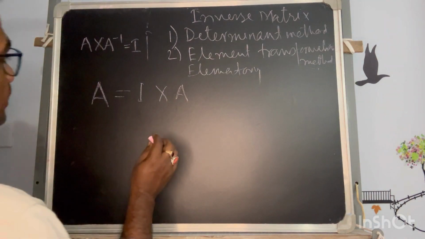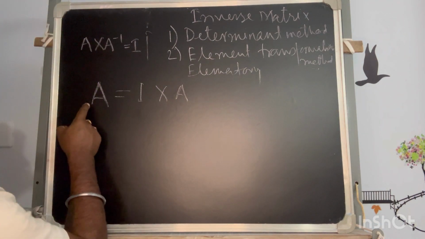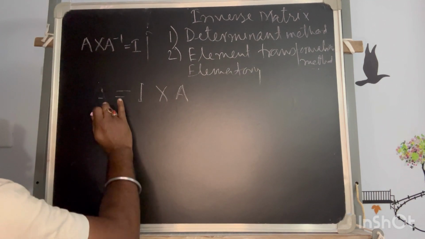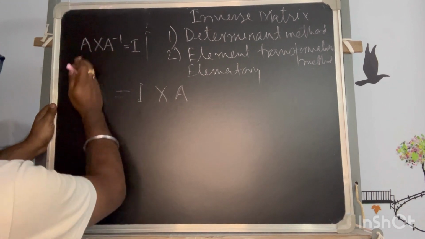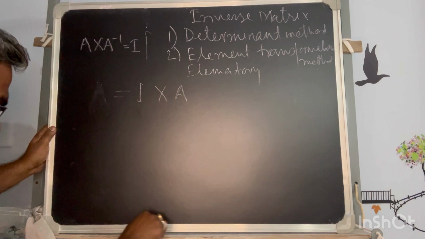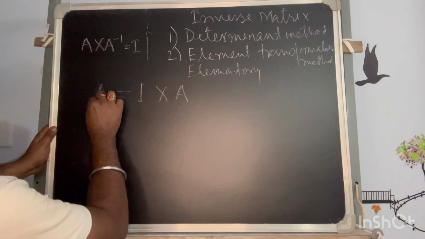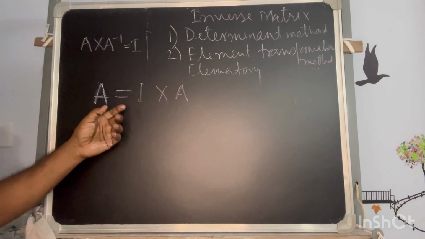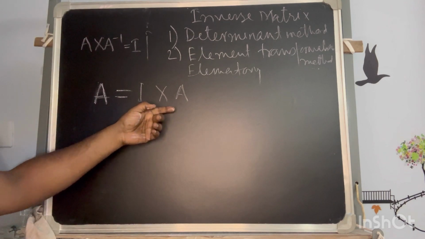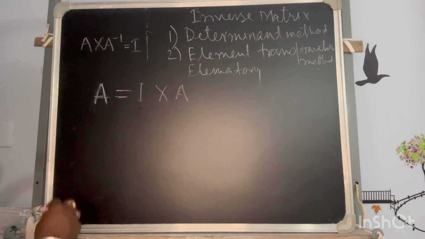To do that, the rule is that I will go with this relation: any matrix, if I multiply with the identity matrix, I will get the same matrix.